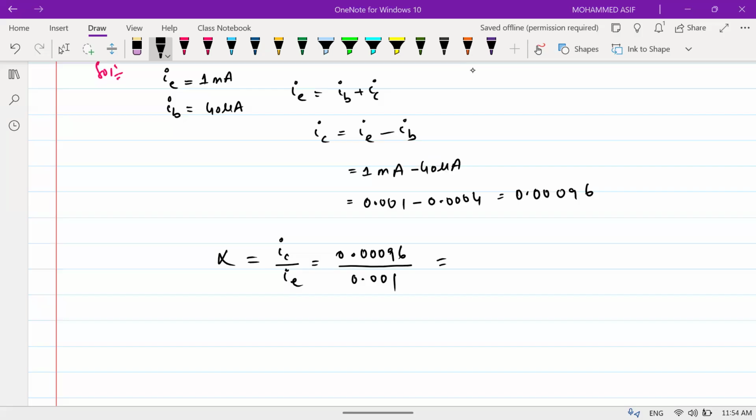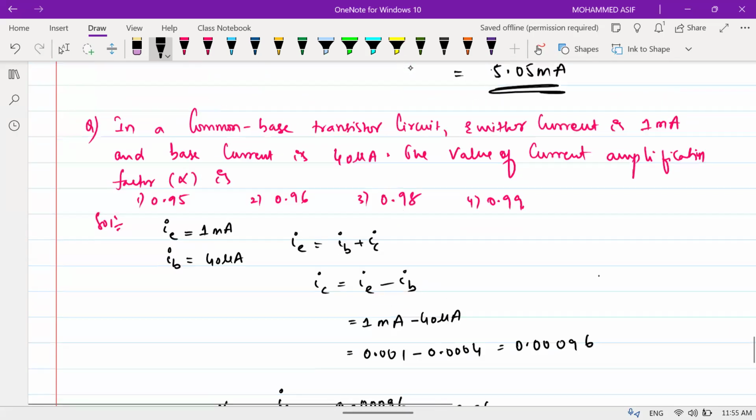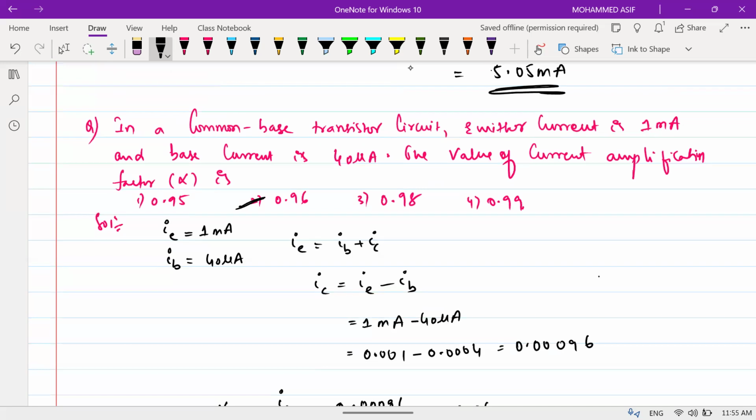It will be 0.96. So that will be the answer.